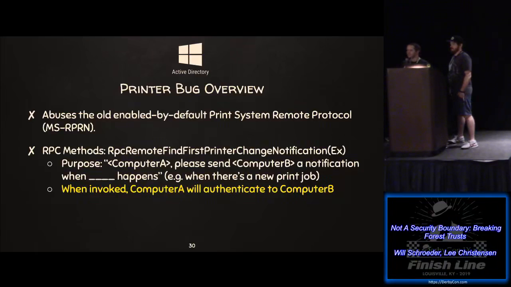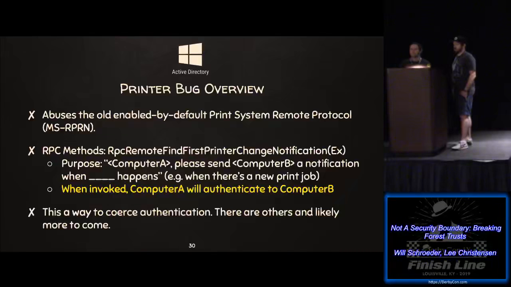Inside of that RPC protocol, there are a couple of different methods that I saw, like RpcRemoteFindFirstPrinterChangeNotification. Doesn't that sound like such a great method? But essentially what I found when looking through the protocol spec is that when you use this method, I call it against Will's computer.